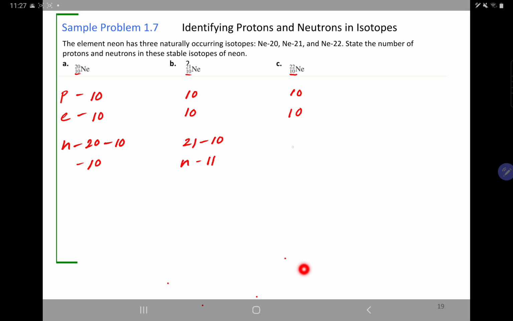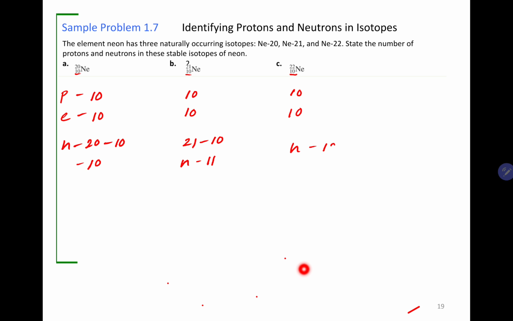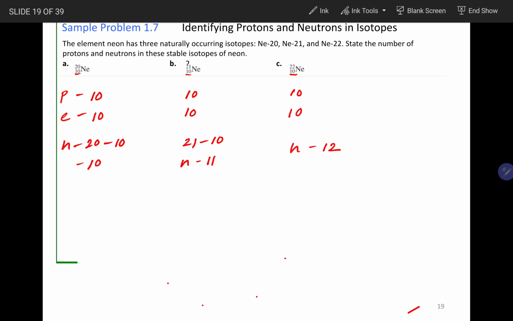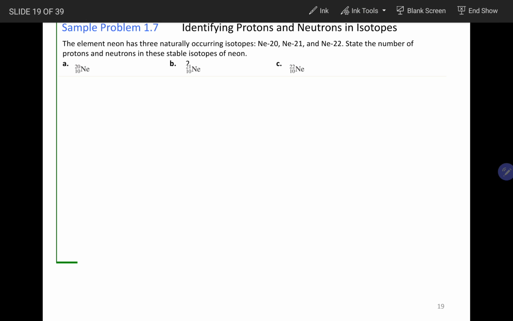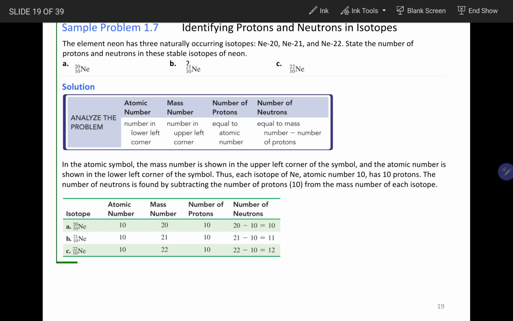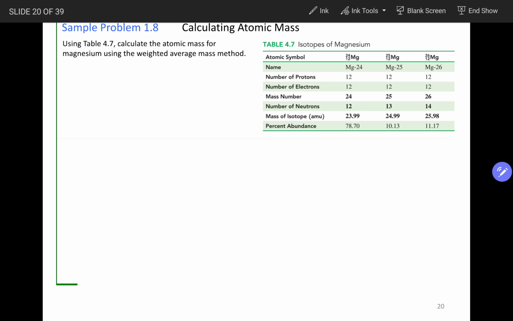And here the number of neutrons is 12. Okay, so those are the three isotopes that you have. Each isotope has a different number of neutrons, but the number of electrons and protons remain the same. Okay, this is how we do the math.